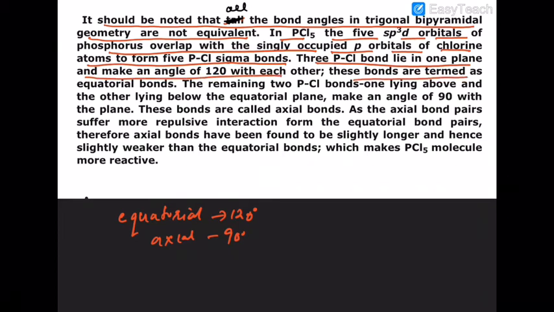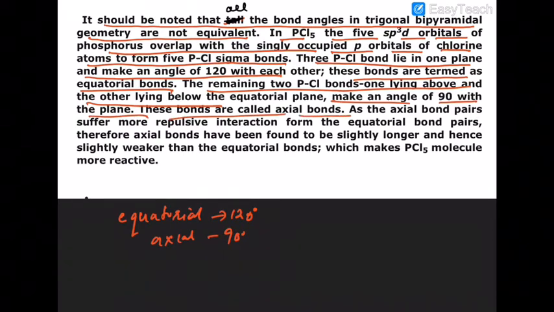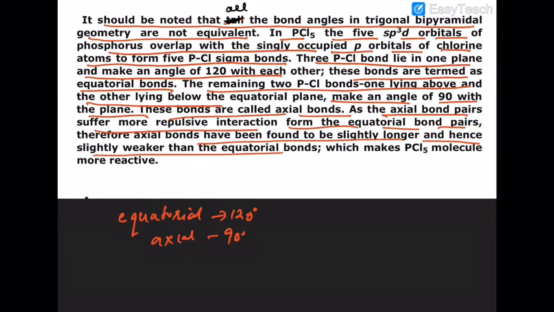These bonds are termed as equatorial bonds. The remaining 2 PCl bonds lying above and below the plane make an angle of 90 degree with the plane. These are called axial bonds. These axial bond pairs suffer more repulsion, I told you already, and therefore their bond length is slightly longer than that of equatorial bonds, and they are also slightly weaker.